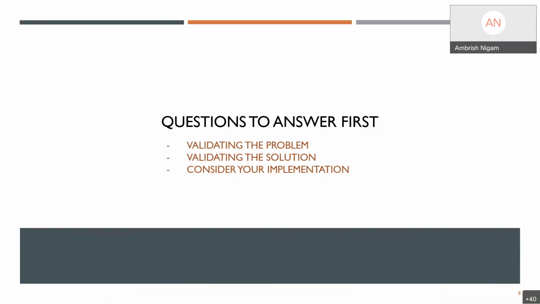So the second one is validating the solution. Though you may not follow the process to the letter in terms of a predetermined sequence of steps, you also need to thoroughly investigate if your solution is one that matches your customer needs.